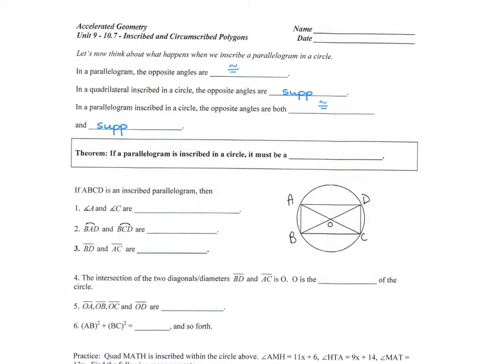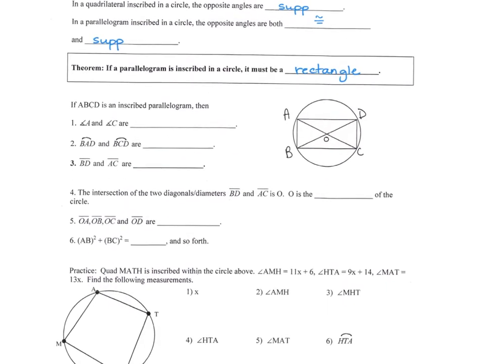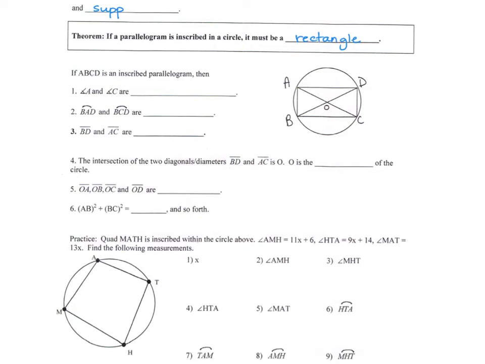And if that's the case, it leads us to our second theorem that says if a parallelogram is inscribed in a circle, it must be a rectangle. So if quadrilateral ABCD is an inscribed parallelogram within the circle, then angle A and angle C are right angles, meaning they are 90 degrees.